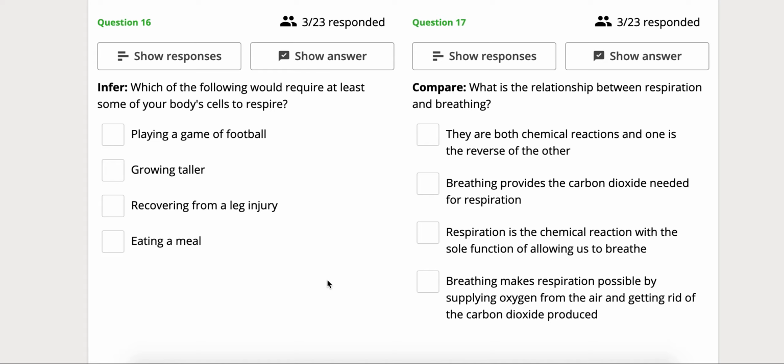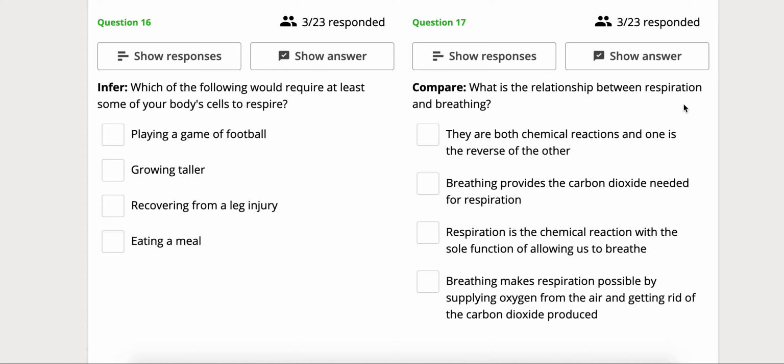Moving on to question 17. What is the relationship between respiration and breathing? So last lesson we looked at the misconception that many people misunderstood that respiration was breathing, when in actual fact, respiration and breathing are both chemical reactions, but they are viewed slightly differently.